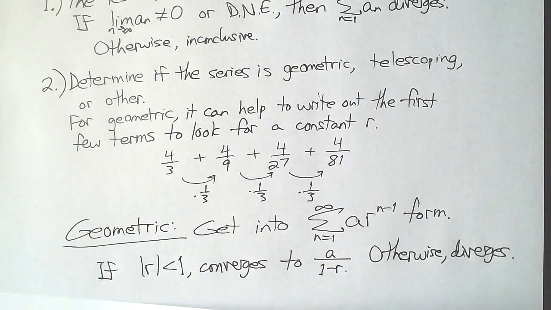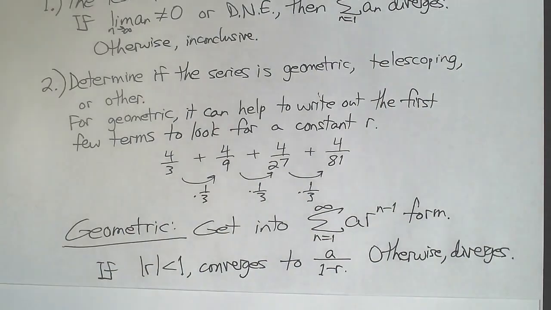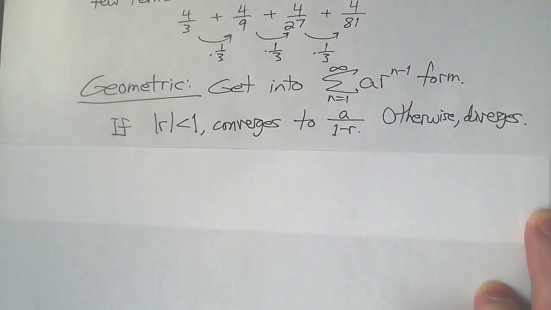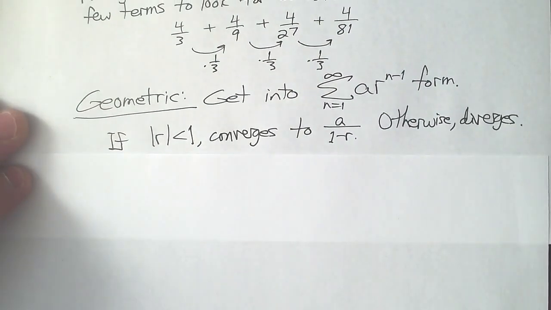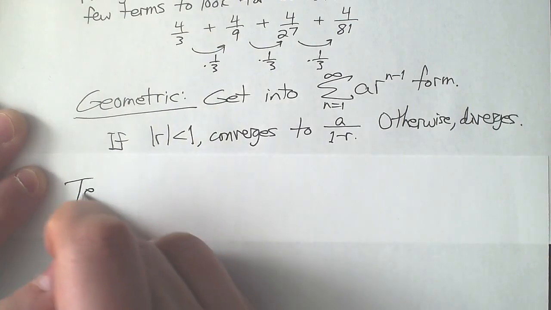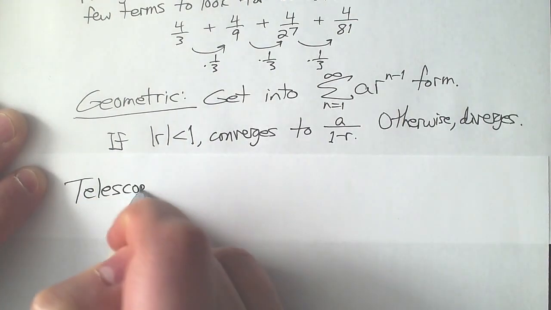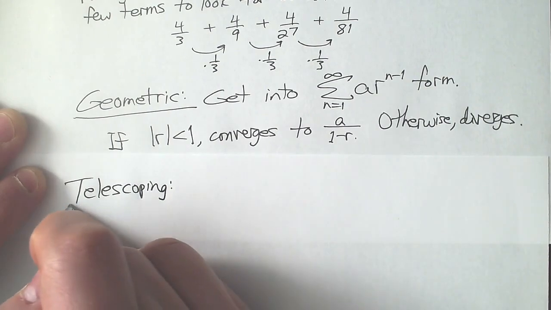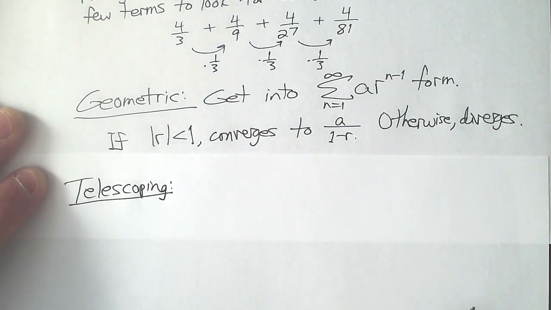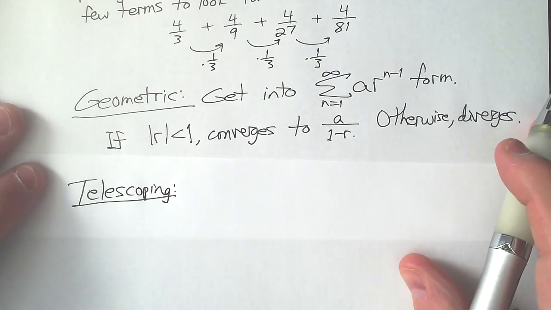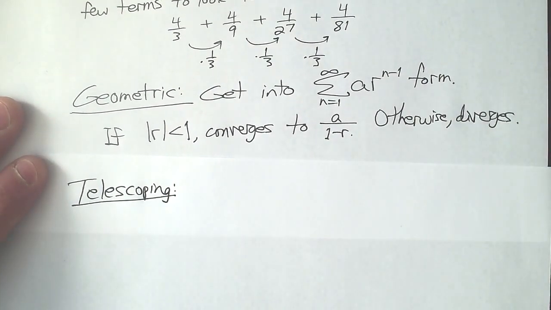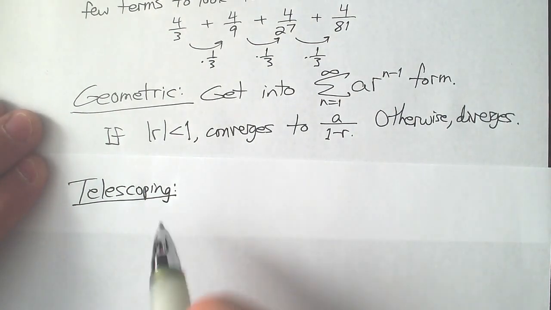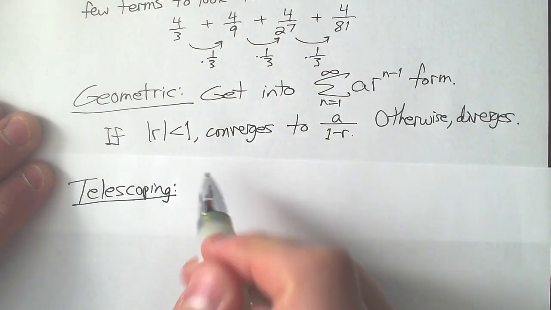Let's get a new page here. If you think that you might be dealing with a telescoping series, it would be something that looks like you could apply partial fraction decomposition. Or maybe if you're lucky, you have one where the denominator's already factored, which gives you a little head start.